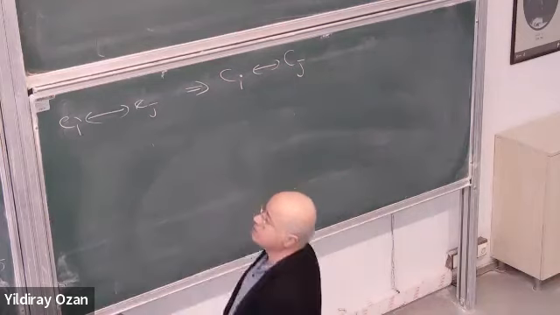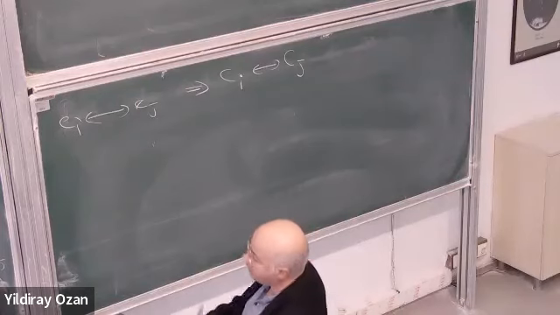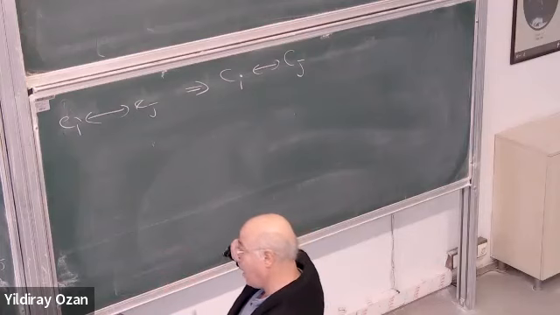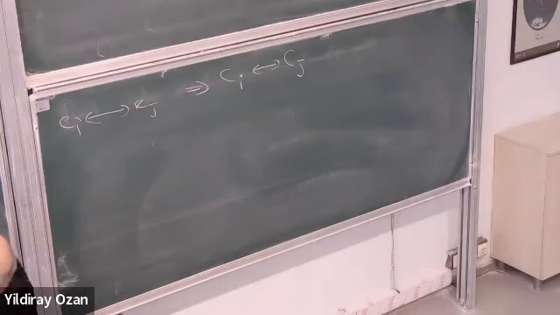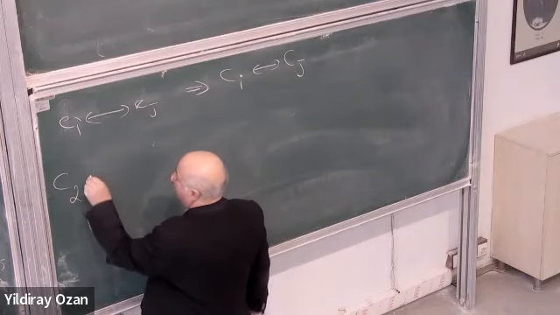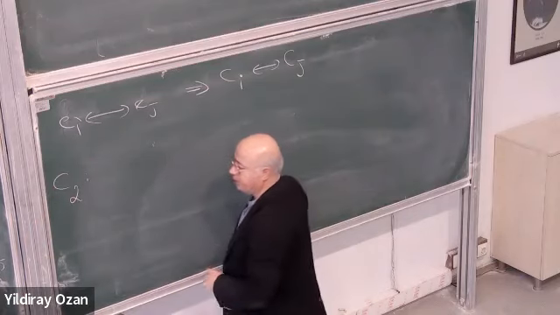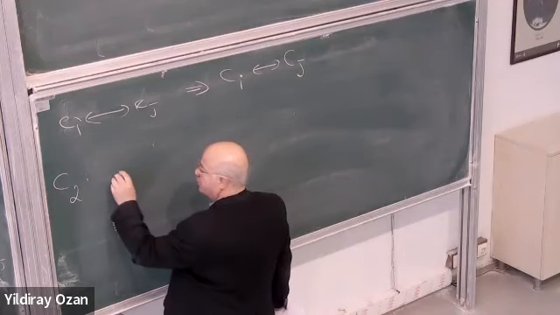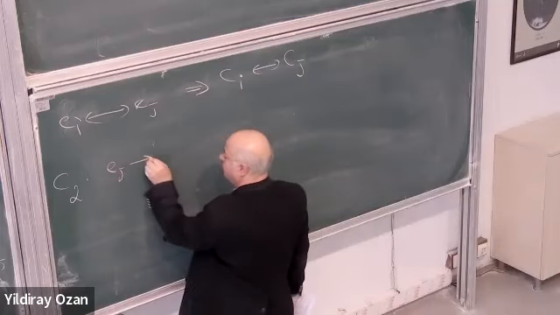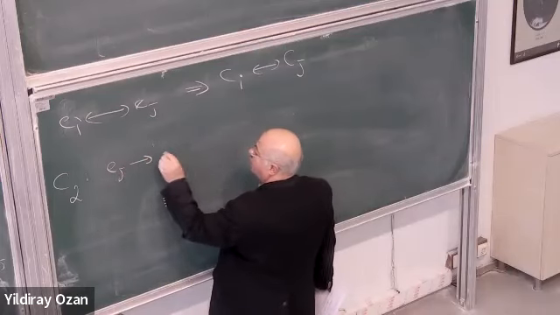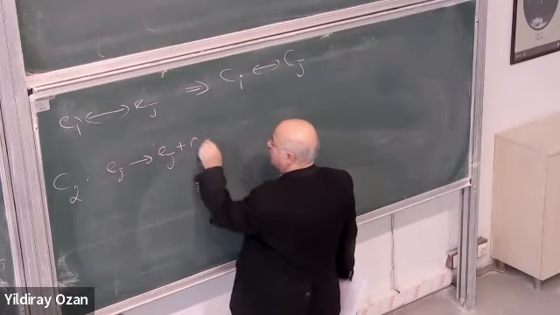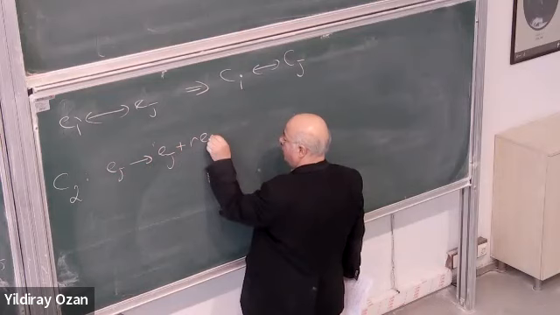What is the second column operation? I can add a multiple of a basis element to another one. So that's my second type of column operation. So what I mean is this: the jth column is replaced by the jth column plus, let's say, r times the ith column.